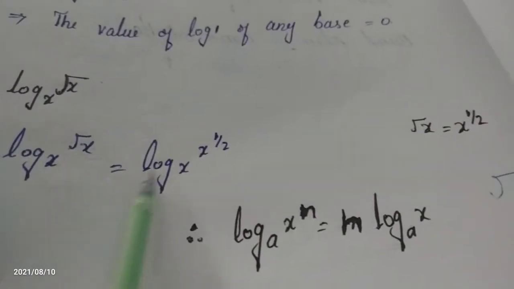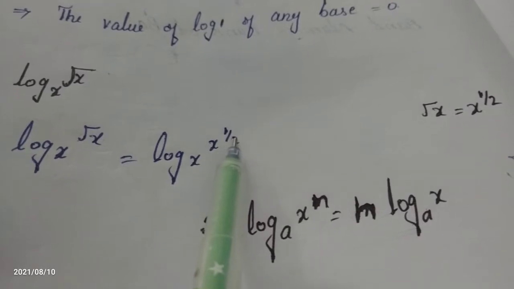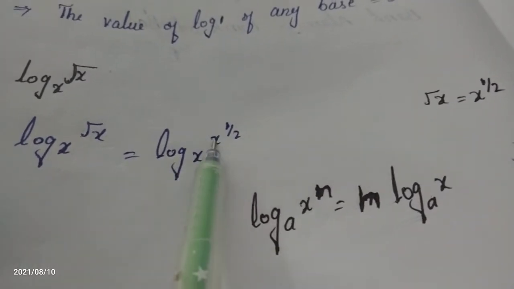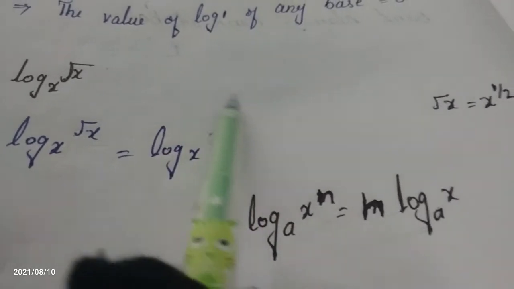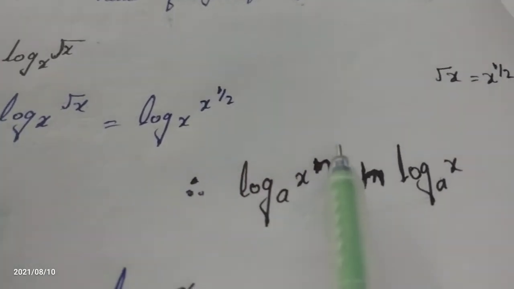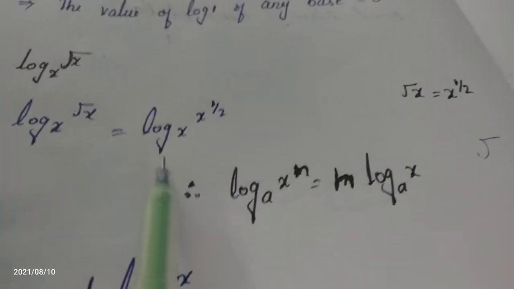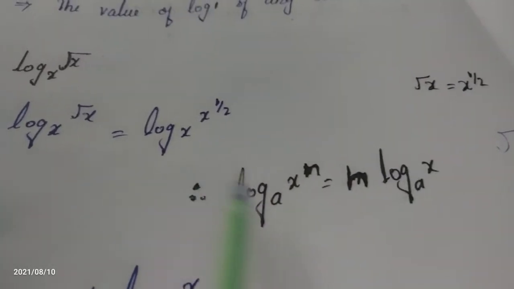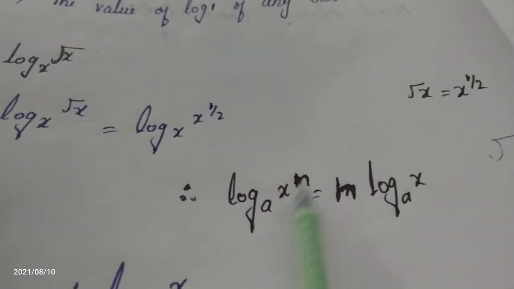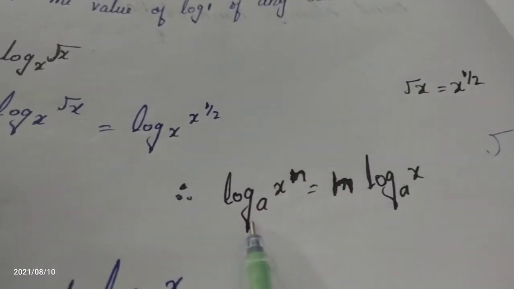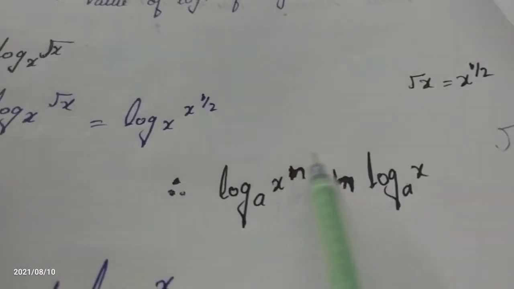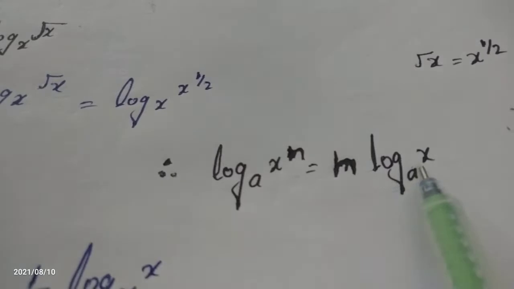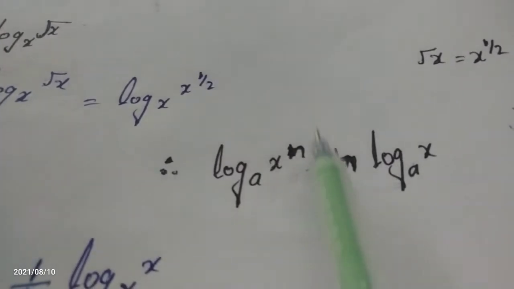What is our expression? Log x to the power 1 by 2 to the base x. This expression is in the form of log x to the power n to the base a. On the RHS, we take whatever power is there and write it before the log.